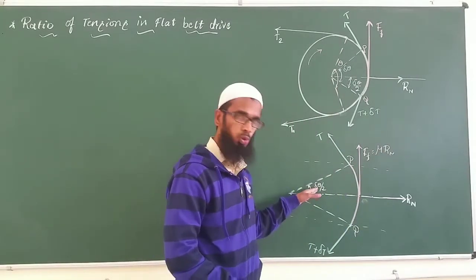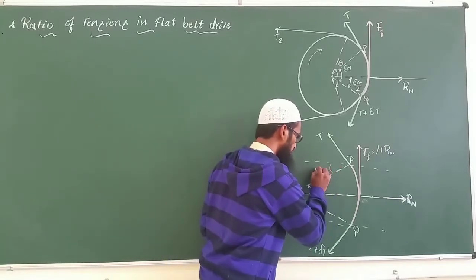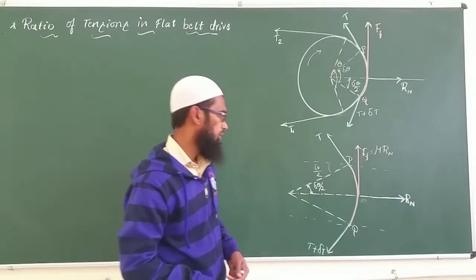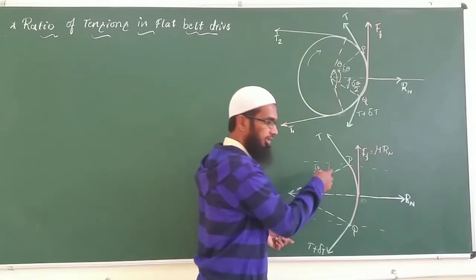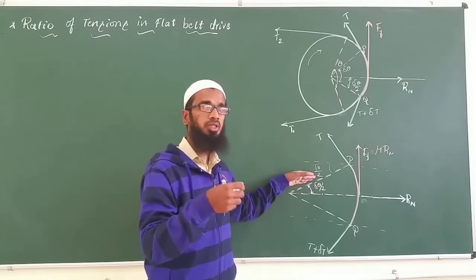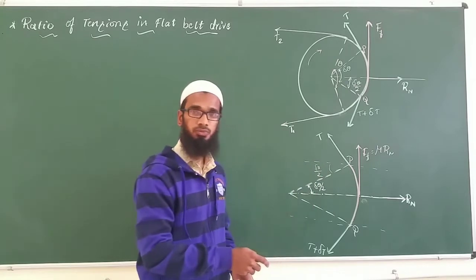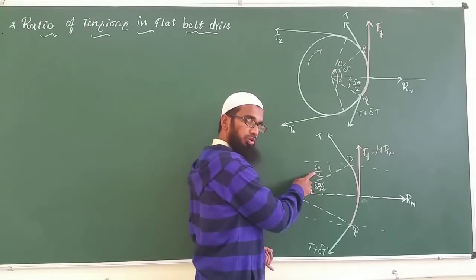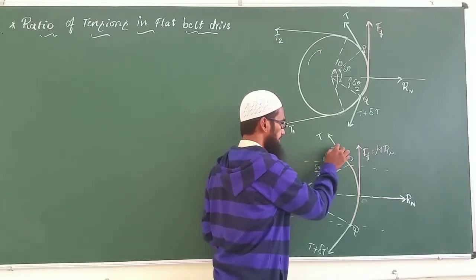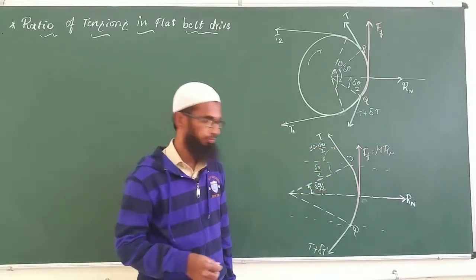Now we know this is dou theta by 2. By the geometry, this is also dou theta by 2, as alternate angles. Here this is a right angle, so since dou theta by 2 is a small angle, this angle becomes 90 minus dou theta by 2.